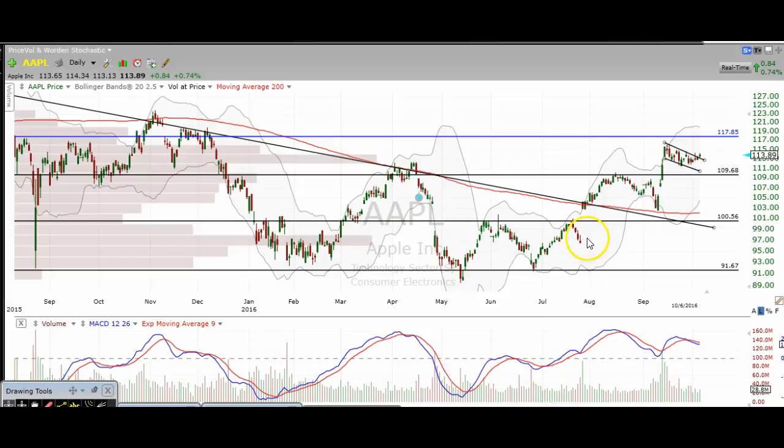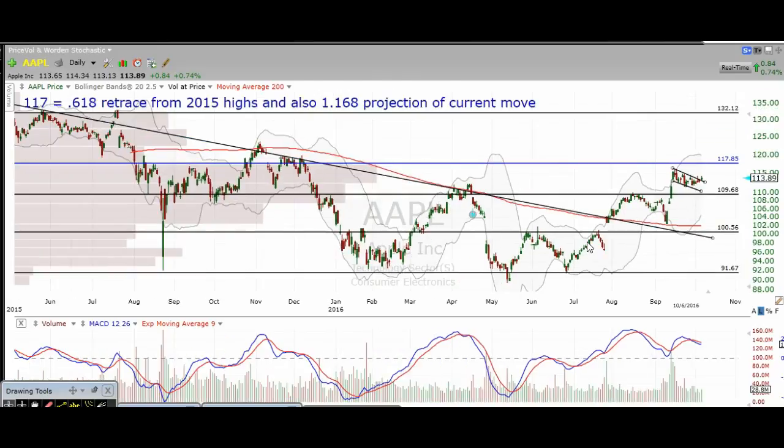The first one that we're going to take a look at is Apple. And Apple, I'm just going to give an overview of this chart. We've got this downtrend line that we were rejected at many times here. Broke over it right here in July, came back down, retested that level as well as the 200-day moving average and bounced nicely from there.